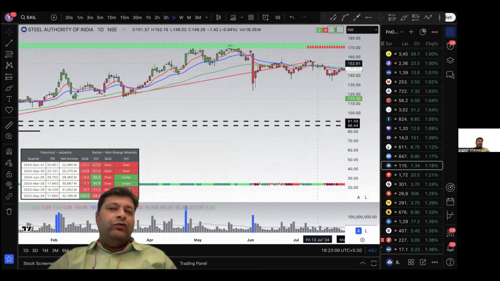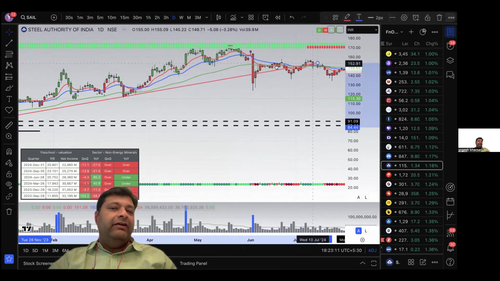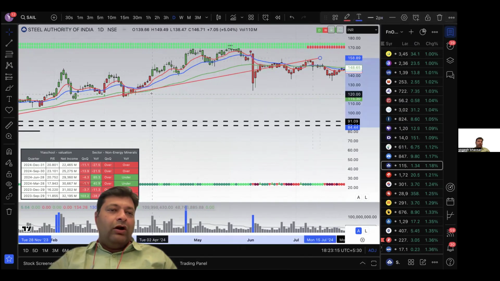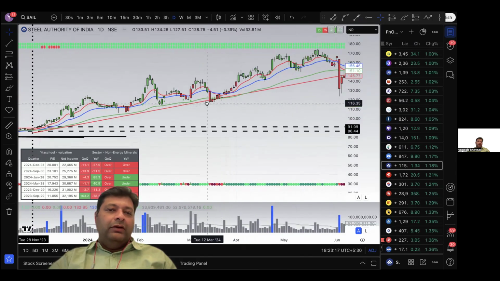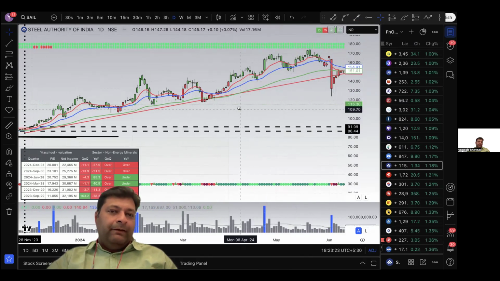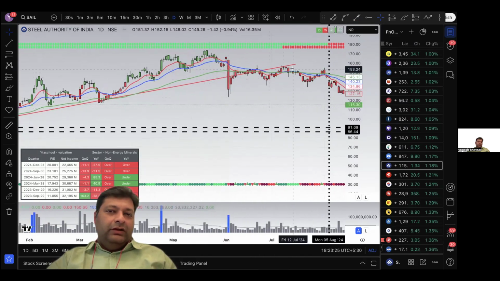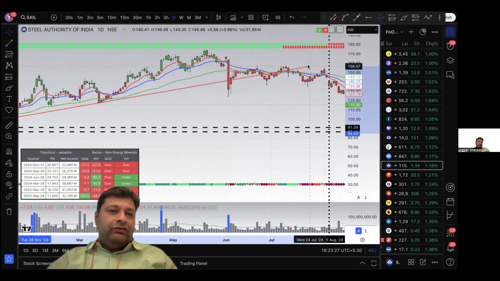Otherwise, what will happen? You will exit the rally very fast. Maybe if you draw the wrong kind of trend line, you will just exit over here, and the stock went up and continued the rally. But if you had plotted properly, the stock came down, closed, went back up, again retested and came down.